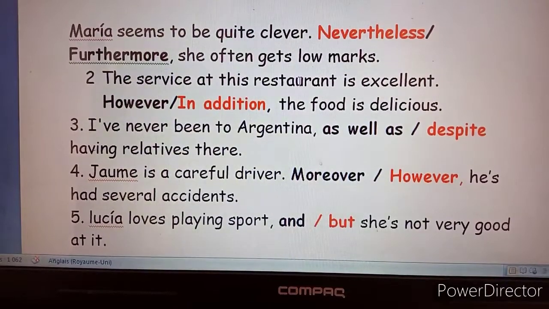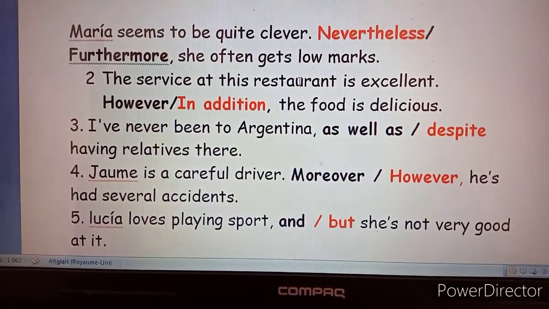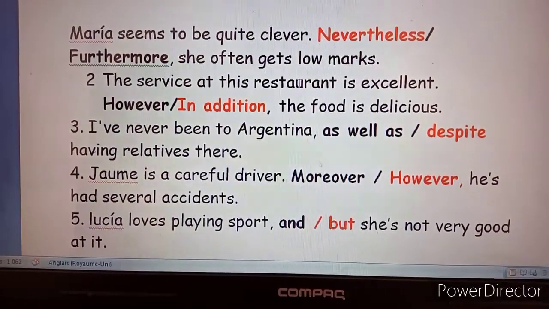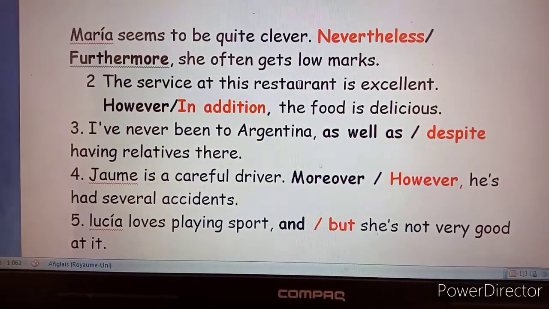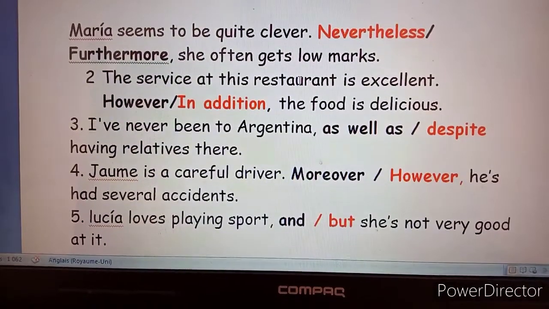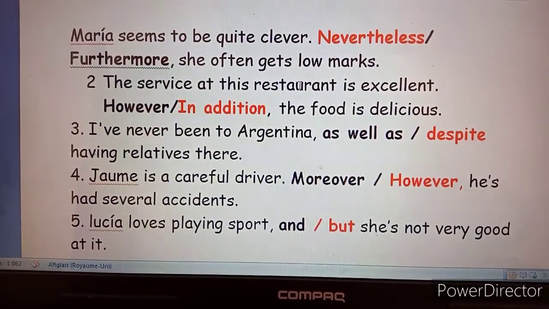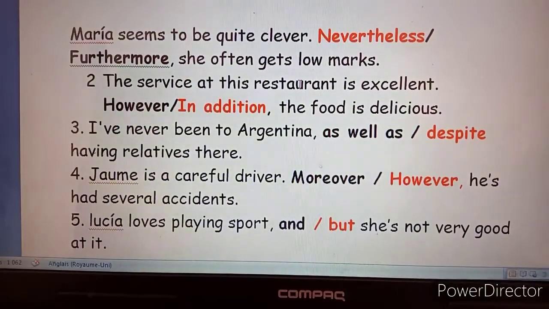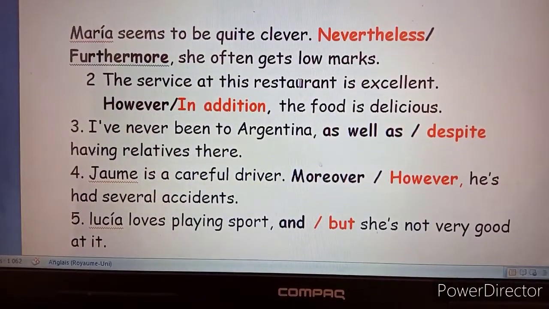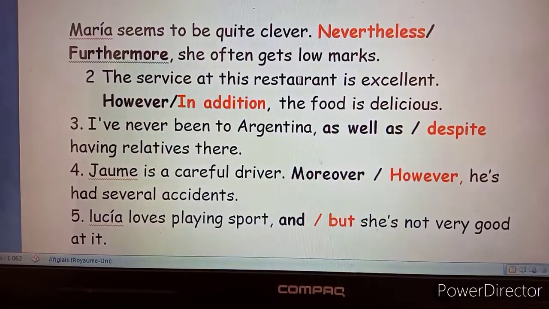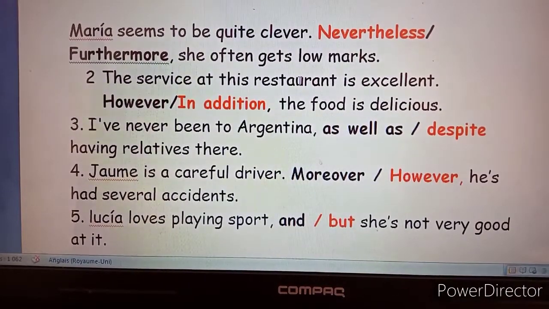The first one is not the same as the second one. That's why we will add but. Clear? We add but because the ideas are not similar. So Lucia loves playing sports but she's not very good at it.